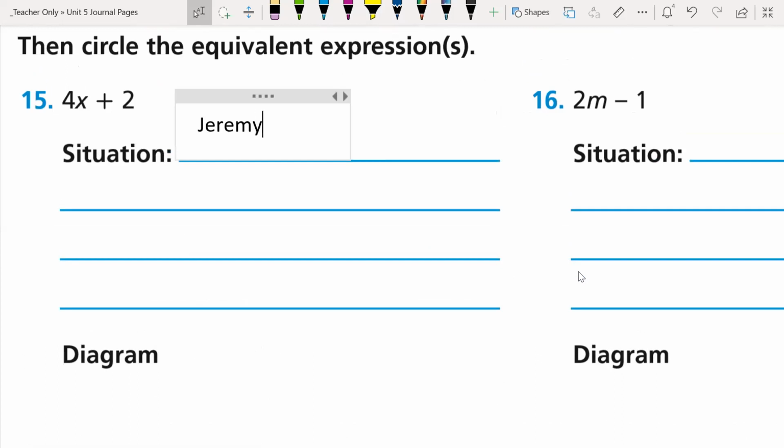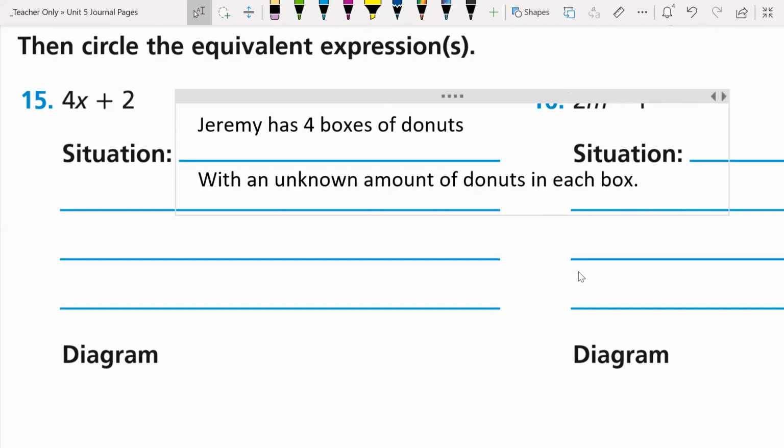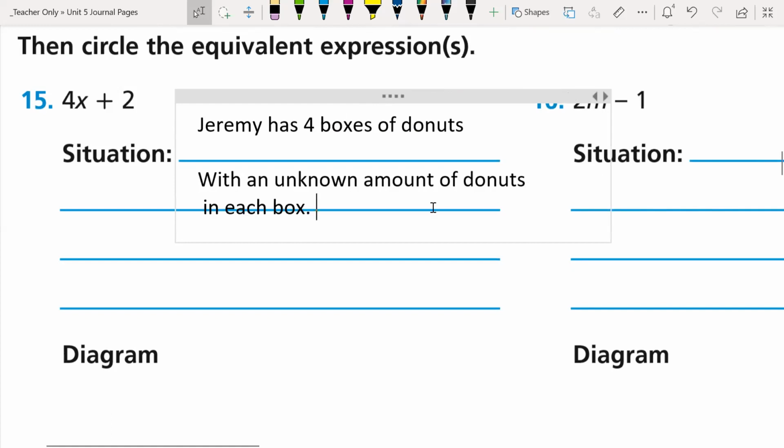So we said in class, Jeremy has 4 boxes of donuts with an unknown amount of donuts in each box.